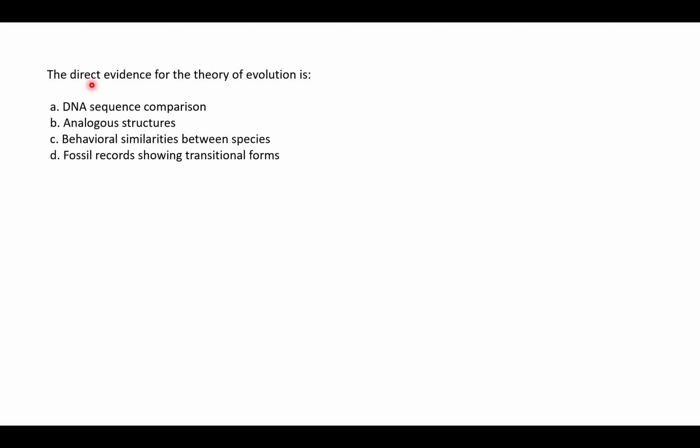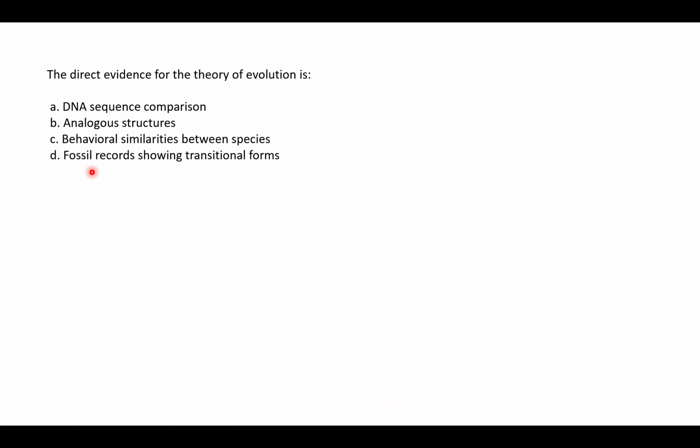So remember, if you see this type of question, what is the direct evidence for the theory of evolution, it is fossil, because fossils show that in different periods of time different organisms existed, and the fossils found in older sediments are linked to, or look alike with, the organisms found in today's time.